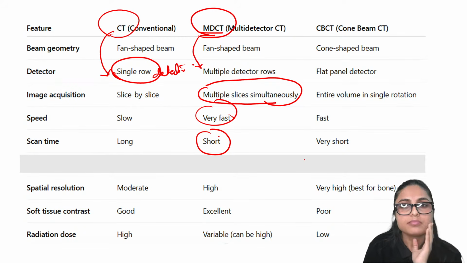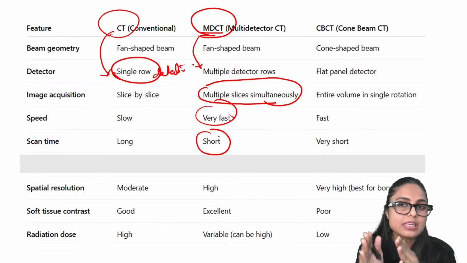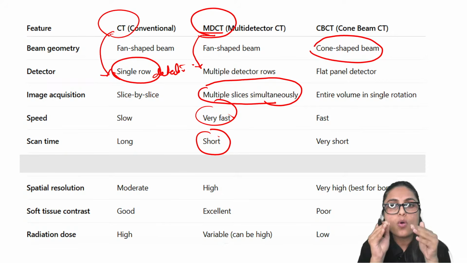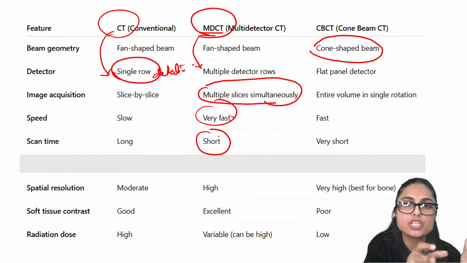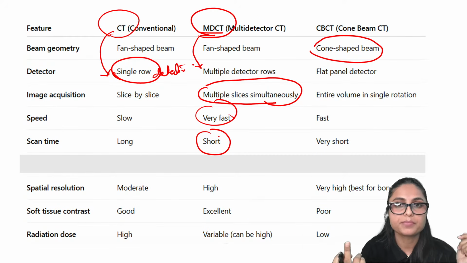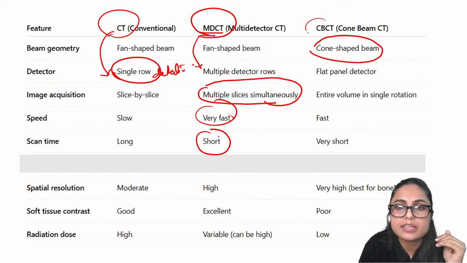Now if we come to CBCT, we all know we have a cone shaped beam. In CT and MDCT, we have a fan shaped beam. So the area covered during the rotation around the patient is more in CBCT.